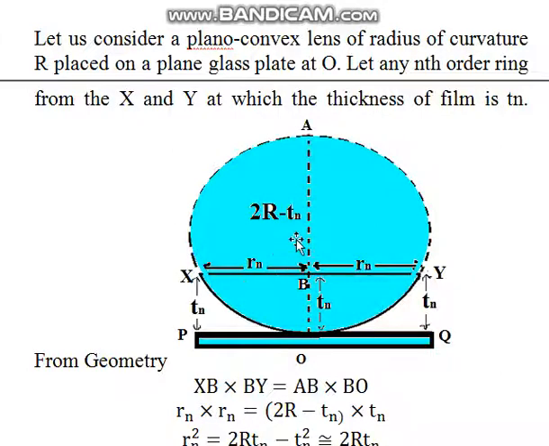Let the radius of the sphere from which the plano-convex lens is cut be capital R.